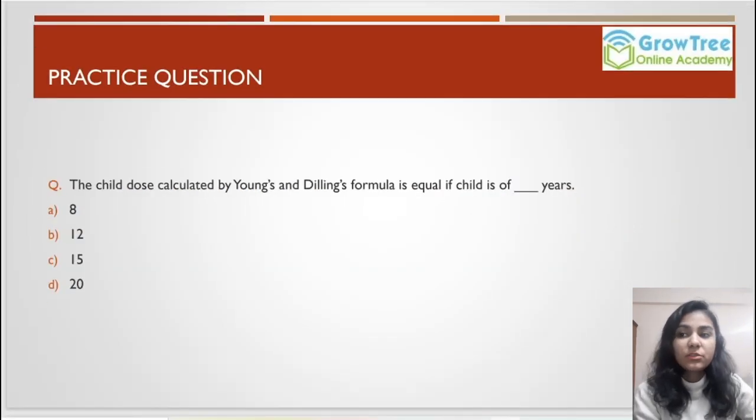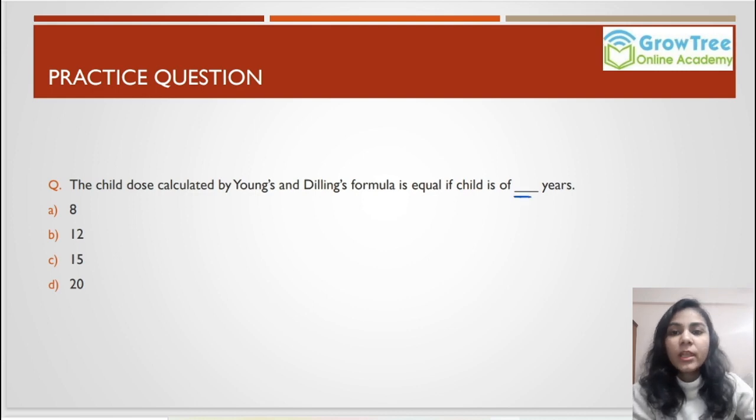Let's move forward. Here is one more question: the child dose calculated by Young's and Dilling's formula is equal if the child is of dash years. The options are 8, 12, 15 and 20. To solve this question, we would equate Young's formula and Dilling's formula.